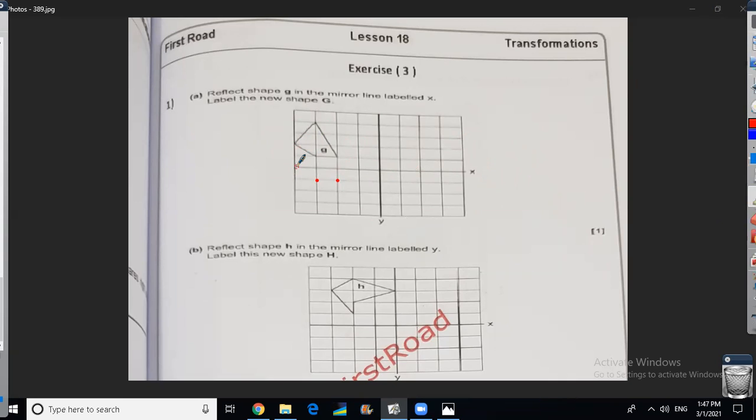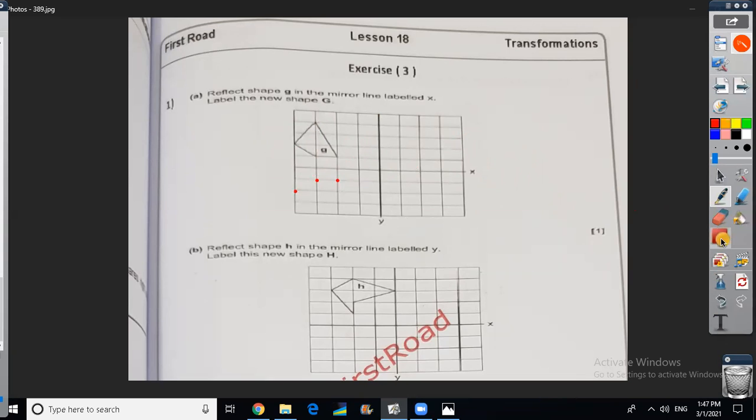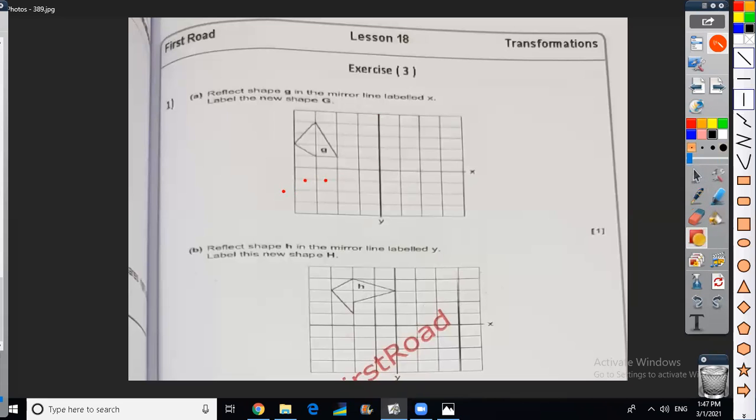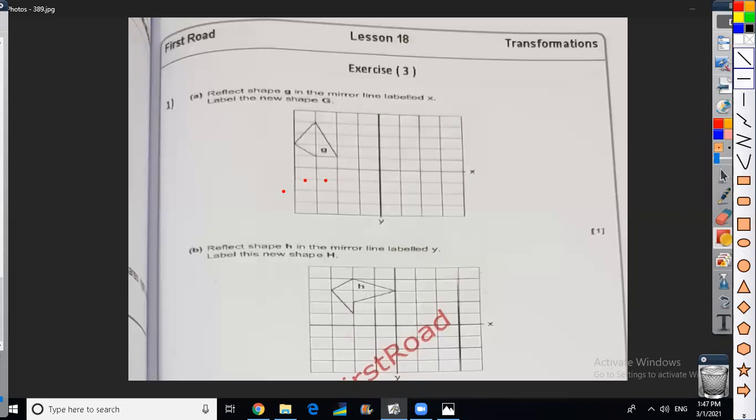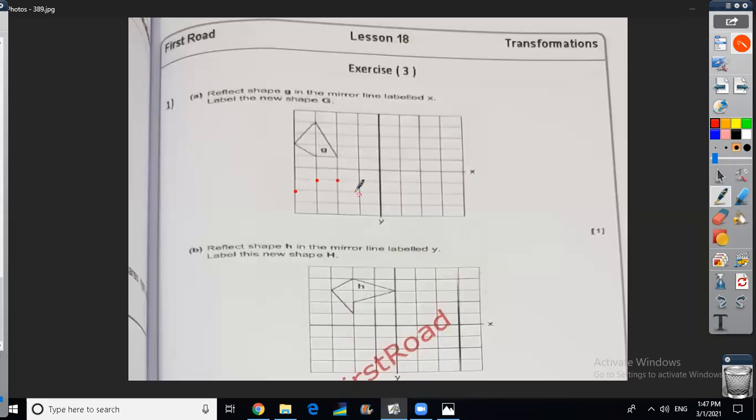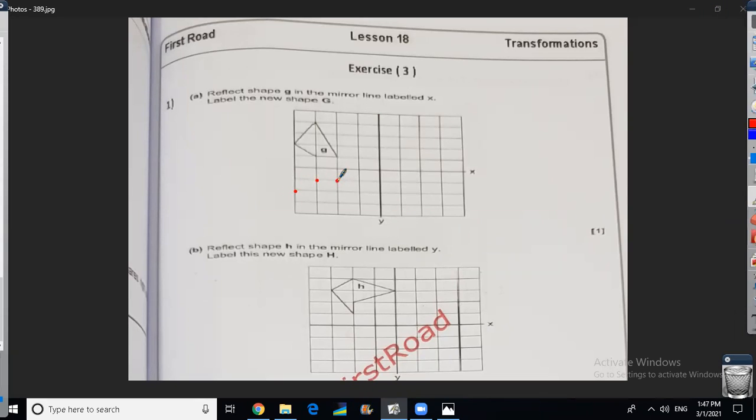Two squares onto the middle line, so 2 squares here. Don't forget to connect. All right, here you go. Again, guys, please, with a ruler. I cannot use a ruler right now. So here it is. Connect them.